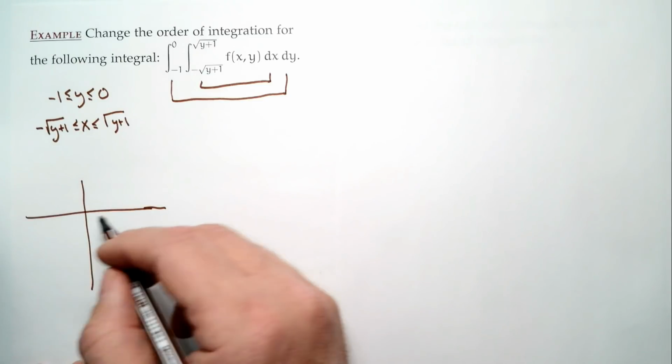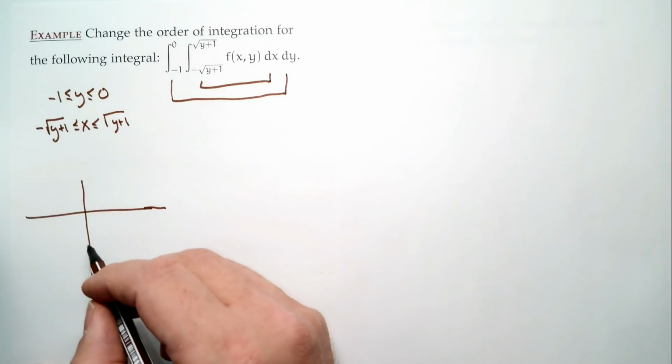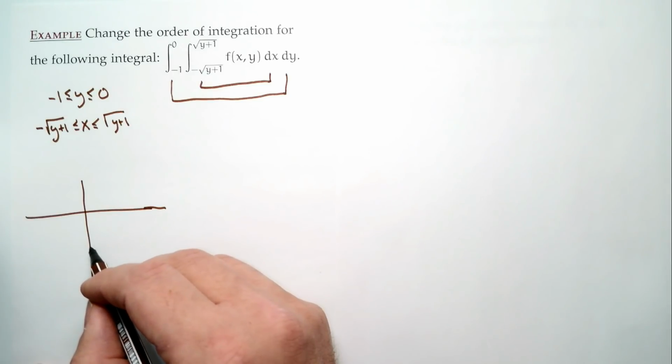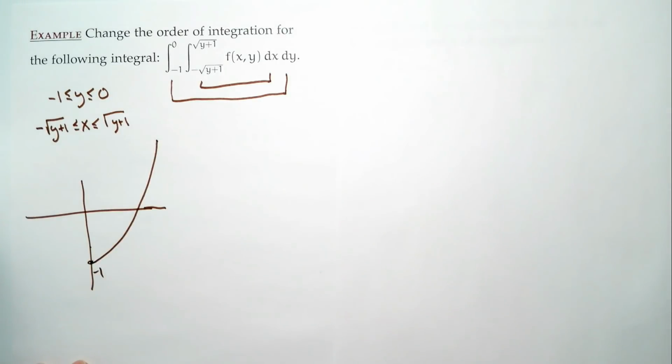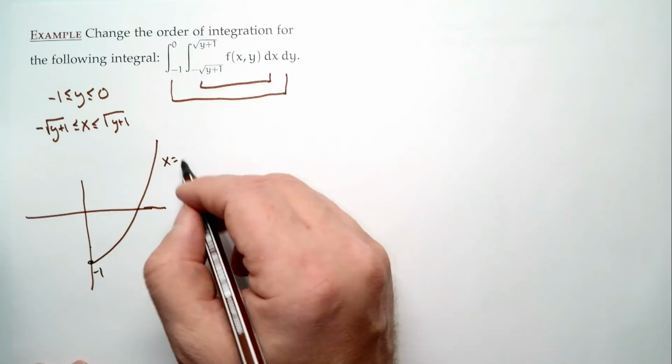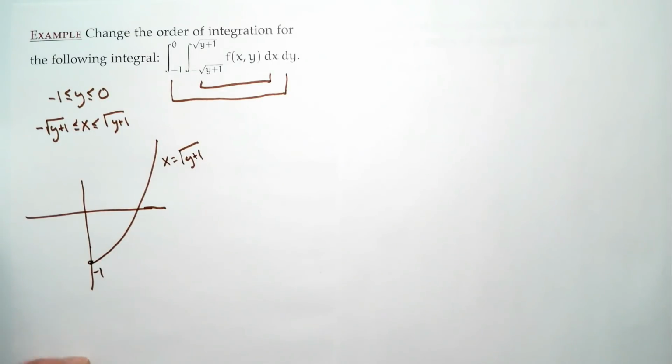I'm going to shift down. So let's say this is at negative 1. So this is x equals the square root of y plus 1. Now, I will admit it's not so obvious, partially because the plus 1 is on the inside.